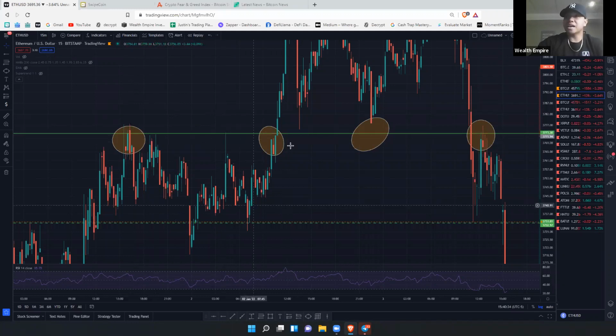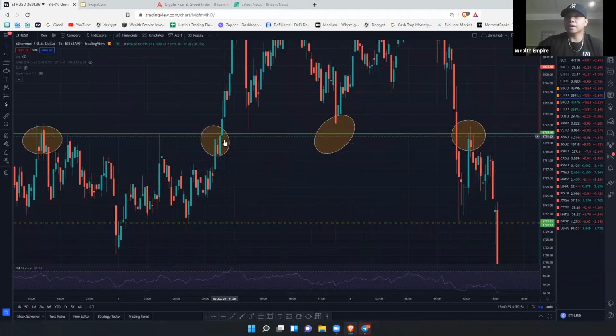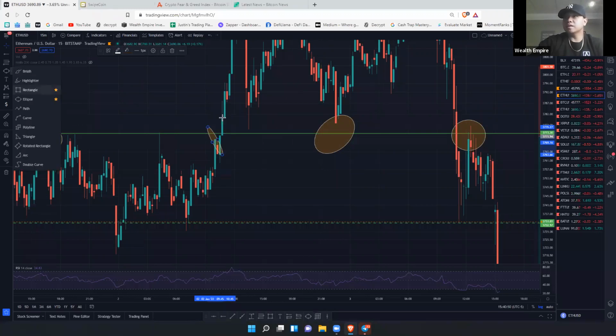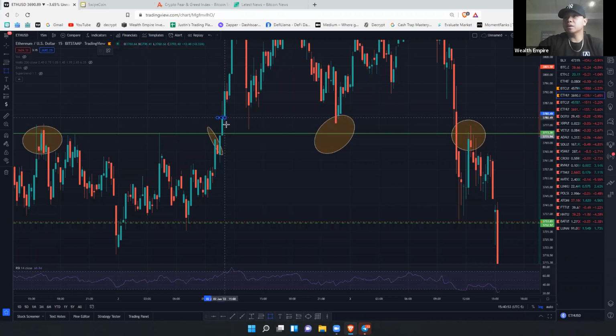But here is exactly where you can see a true breakout. This candle specifically. Let me just move this a little bit. You can see this green candle right over here is what signals that we are good to go to say that this is actually breaking our level of structure. Can you guys see that okay?